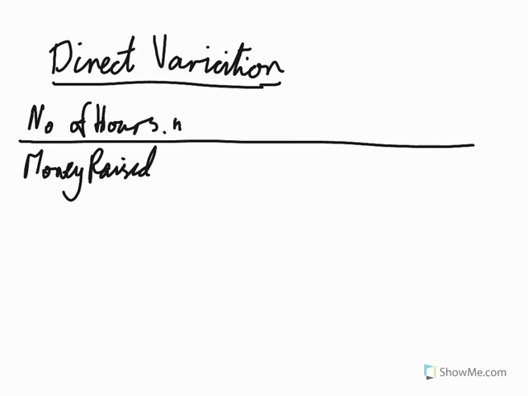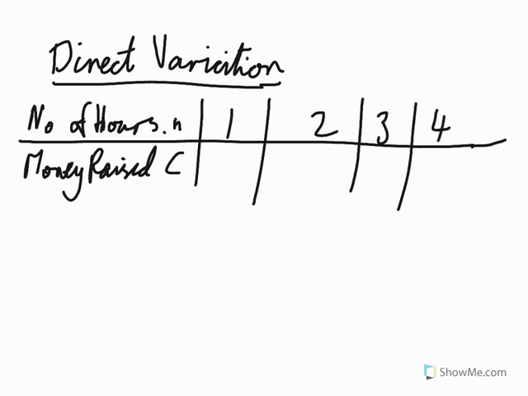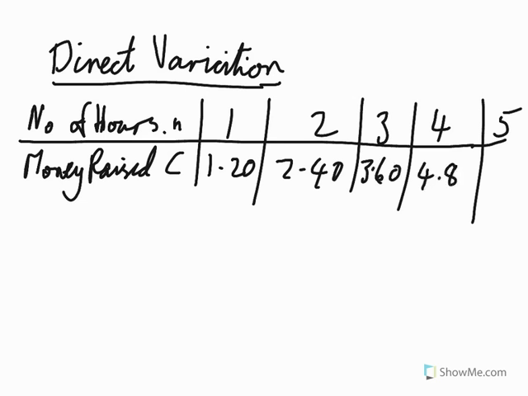Right, so the number of hours, call that N, amount of money raised, we'll call that C. So for 1 hour, 2 hours, 3 hours, 4 hours, and 5 hours, we might get $1.20, $2.40, $3.60, $4.80, and $6.